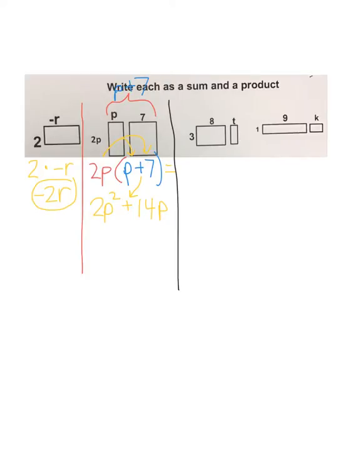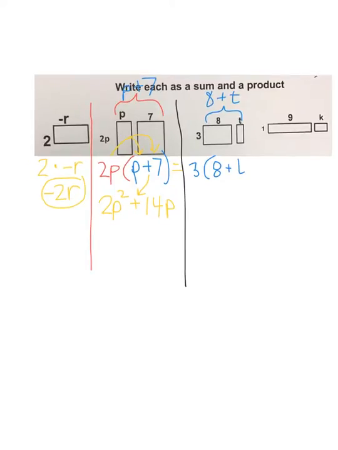So for the next one, we want to do the same thing. Our width is 3 times our whole length. Now the whole length here is 8 plus t. So inside our parentheses, we put 8 plus t.